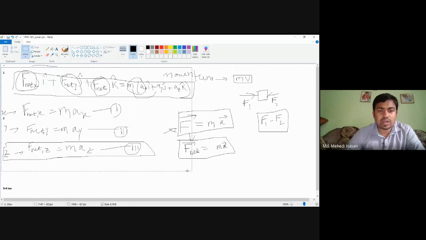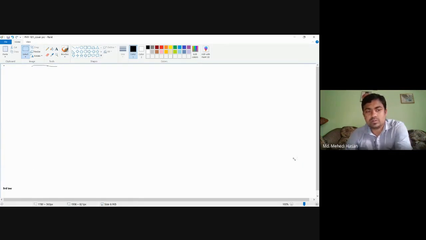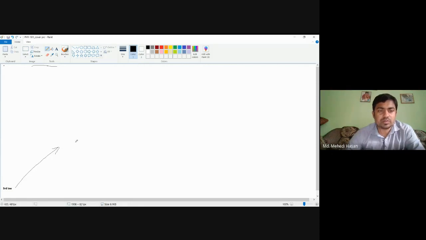Now let's talk about the third law. The statement of the third law is: every action has an equal and opposite reaction. If we consider an object here, and another object attached to it, this is m1 and this is m2.